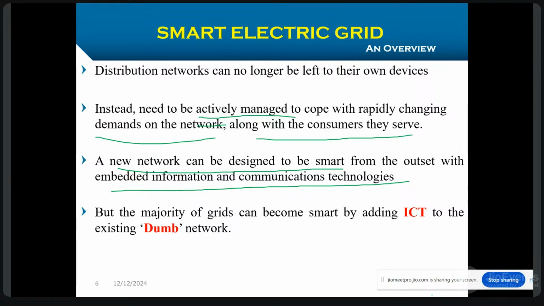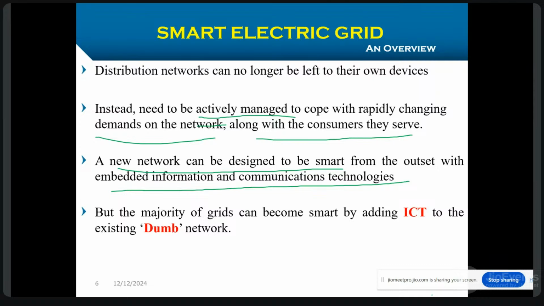So let me build a communication network so that information can be transmitted from a particular node or from the load to the control station. Again, the decision can be taken at the control station, and those decisions may be communicated to the implementing agent, let us say a controller, an isolating switch, or a power electronic switch, or a static switch. So that information has to be passed.